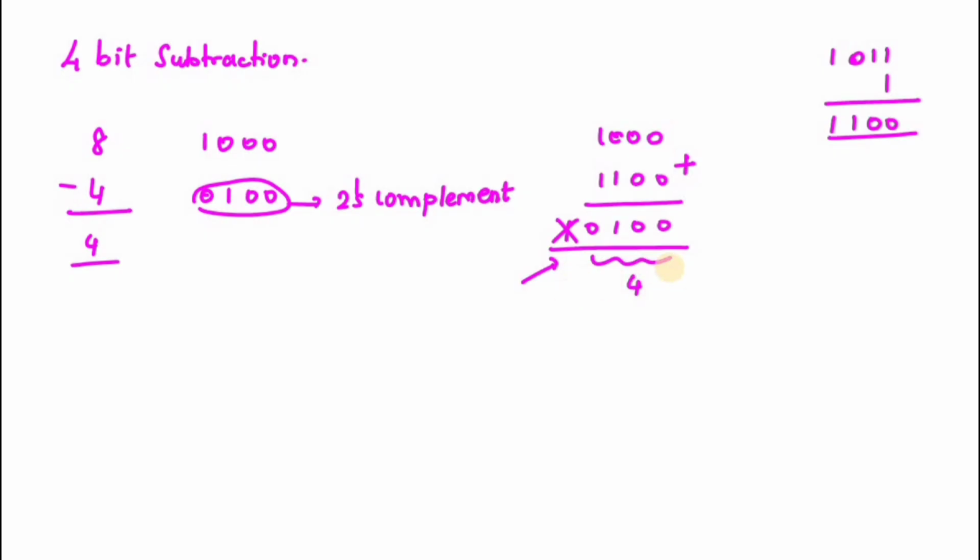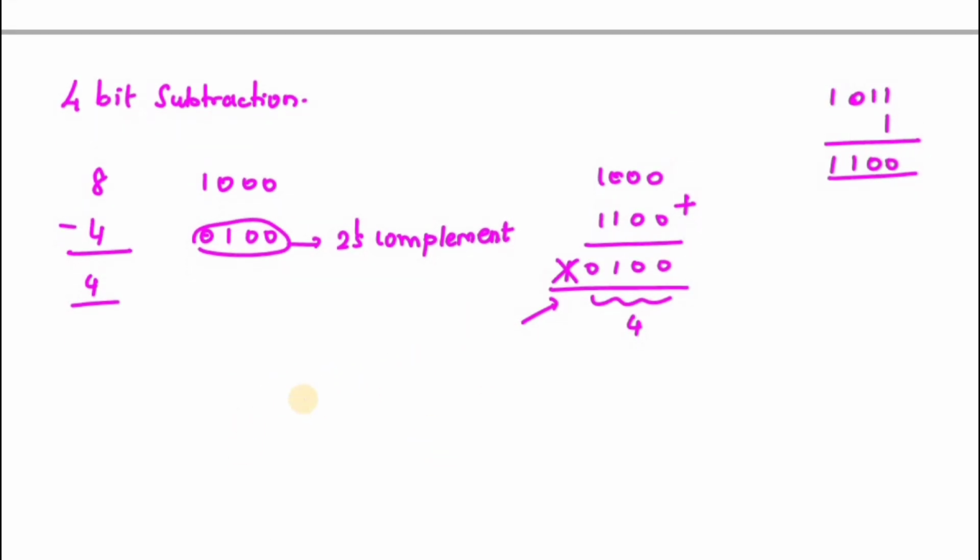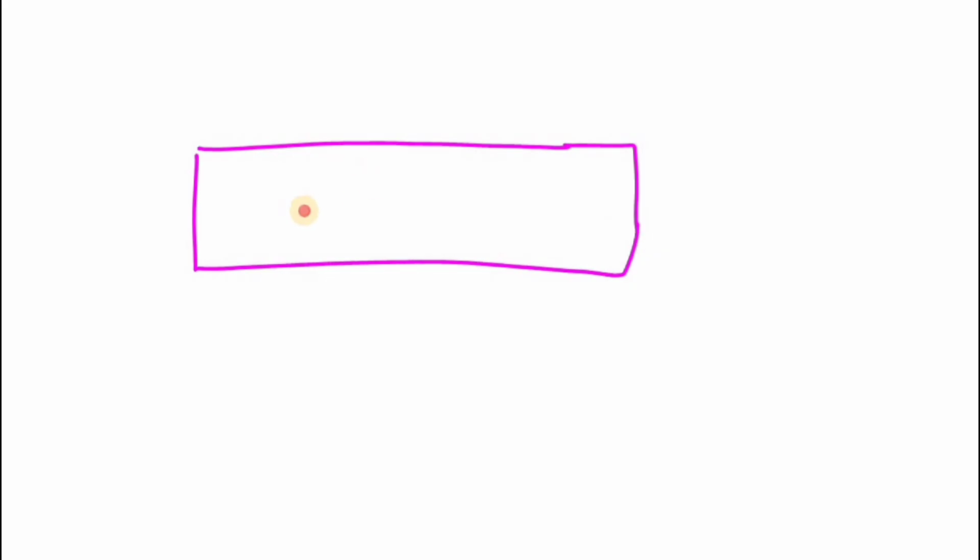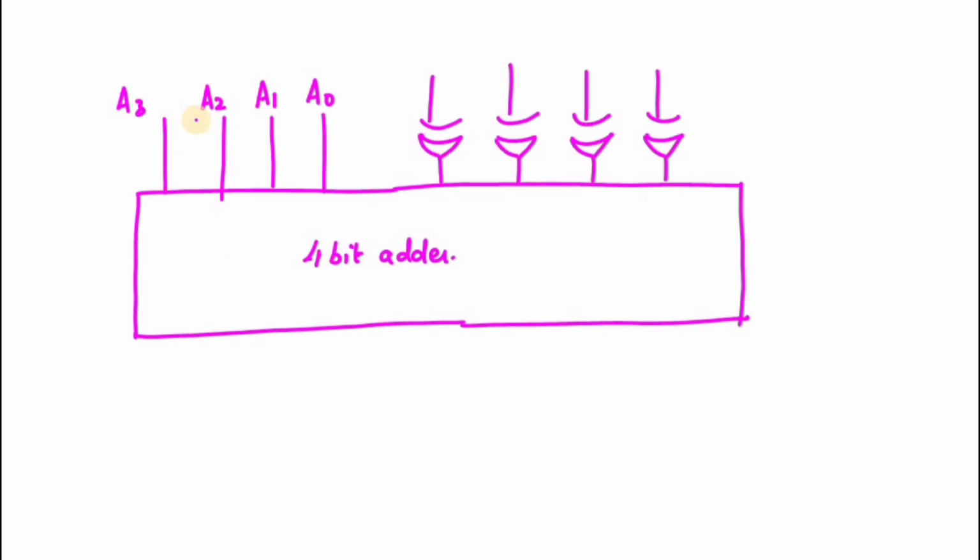Now for this type of circuit, this is nothing but your 4-bit adder circuit, which will perform both addition and subtraction. I'm not changing the A0, A1, A2, A3 values.